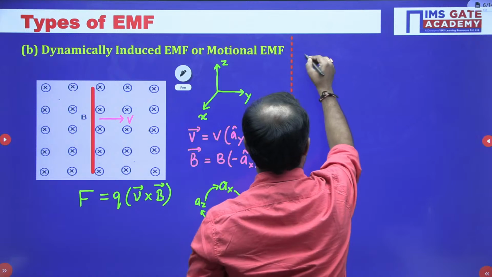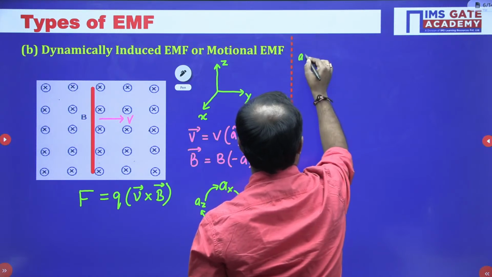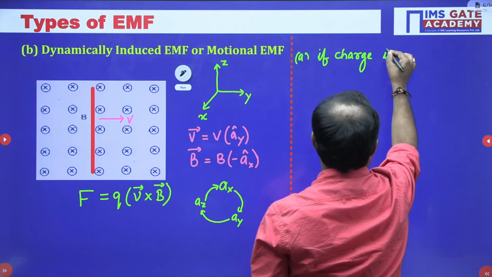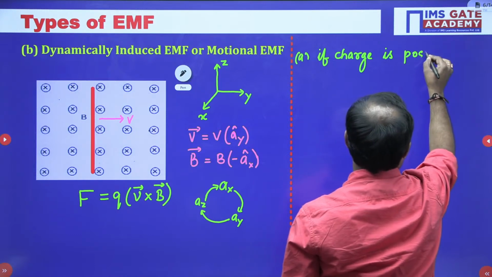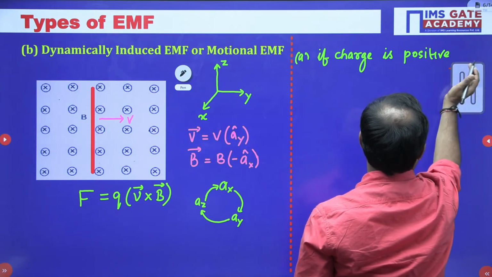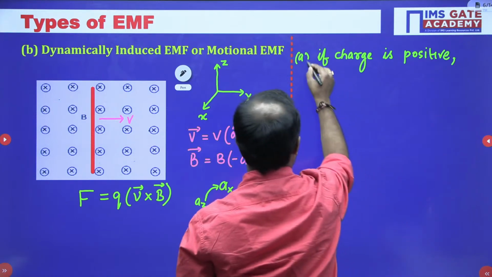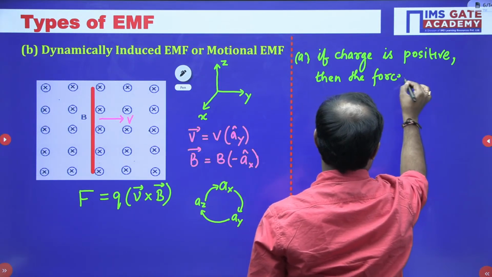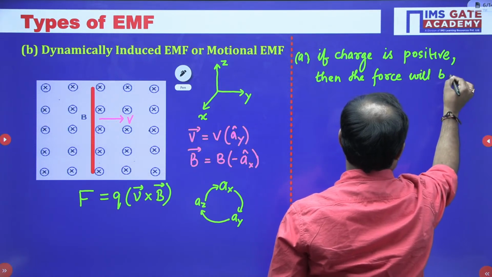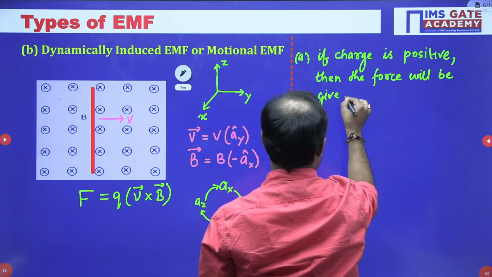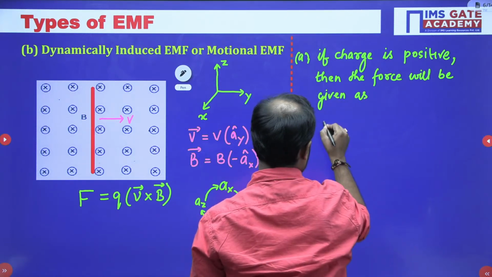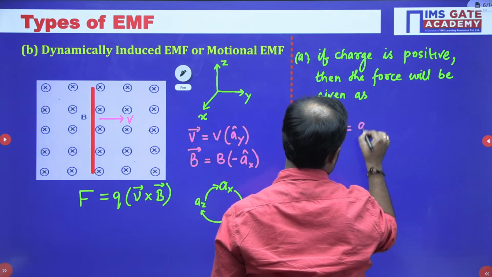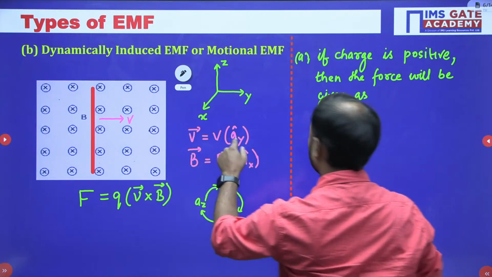All right. Now, first, if the charge is positive, then the force will be given as, look here, for the positive charge, let me write force F plus, which is equal to Q. What is V?